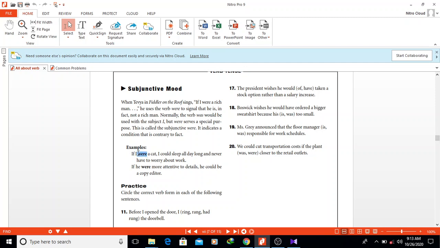If the subject is I, you use "were." If I were rich, if I were you. It's not "if I was you," but for the subjunctive mood, like with if, wish, and so on, you use "if I were," not "if I was."